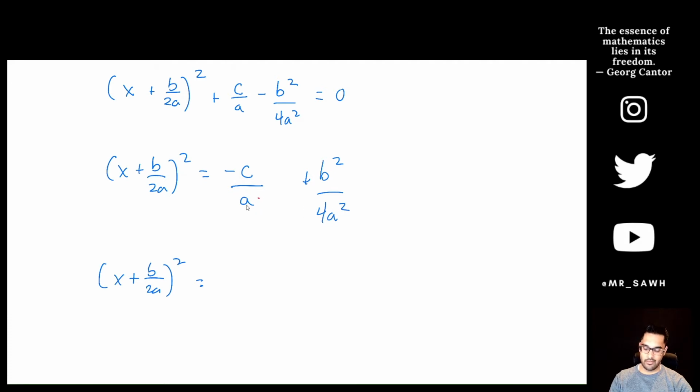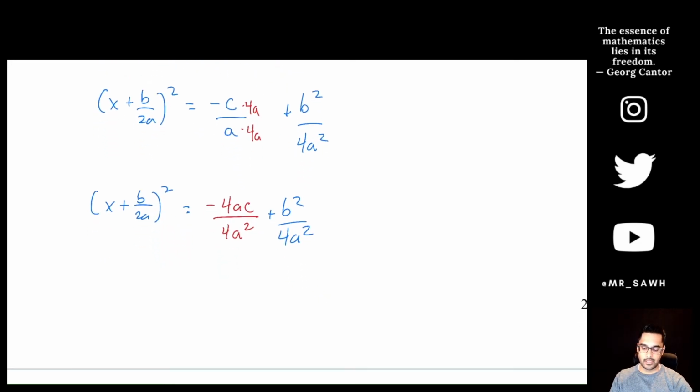Right now I only have a, so I need to multiply the top and bottom by 4a. So what I end up getting is negative 4ac over 4a squared. I didn't change my other one because it already had the denominator I wanted of 4a squared.